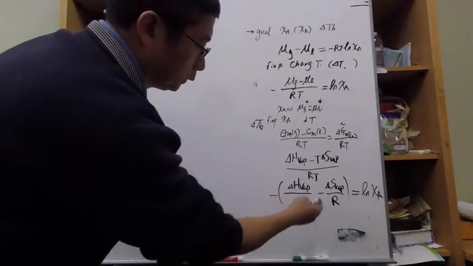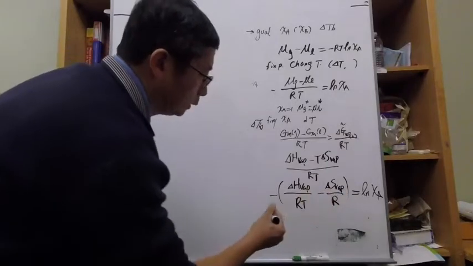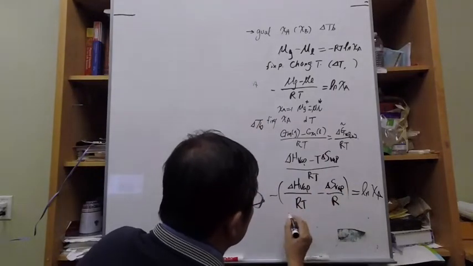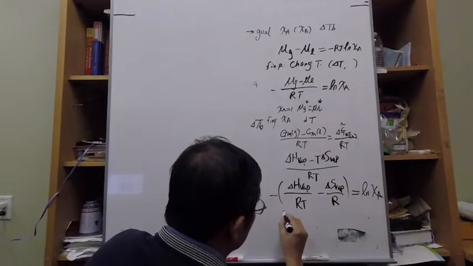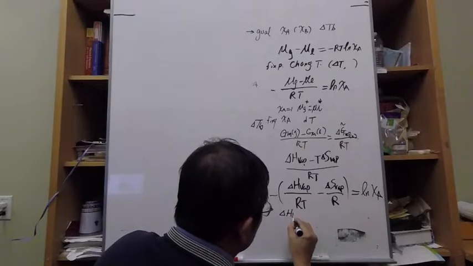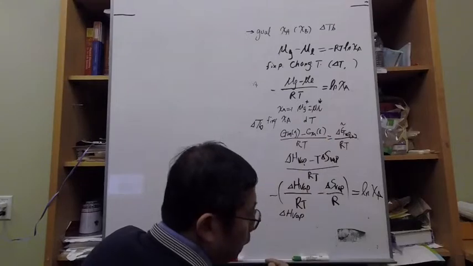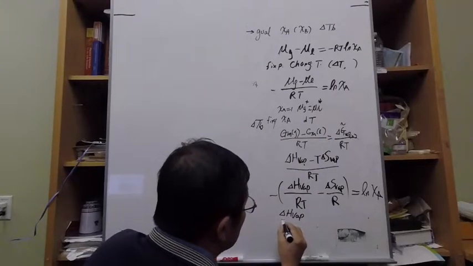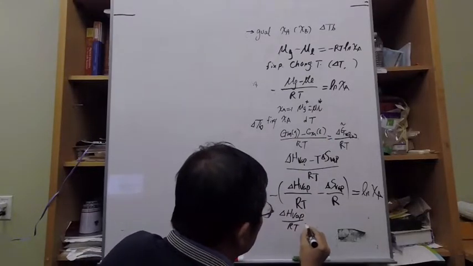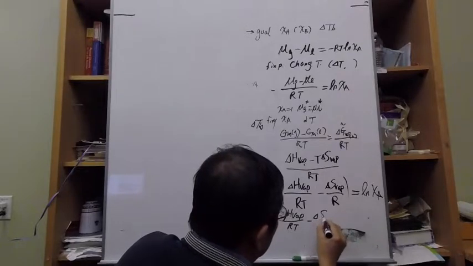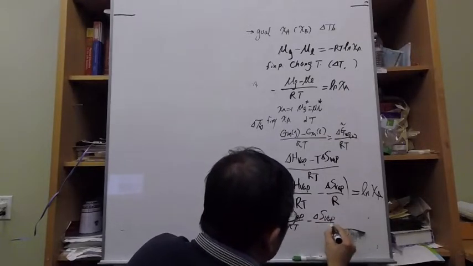Or I can simply rewrite this a little bit by saying the right-hand side here is a function to the upside. This is actually related to the Gibbs energy change of vaporization. So you can write it down as delta S vaporization divided by R.